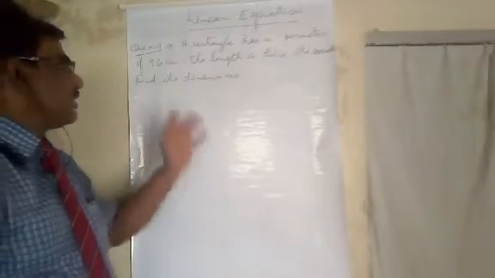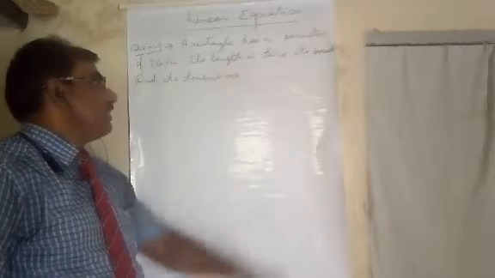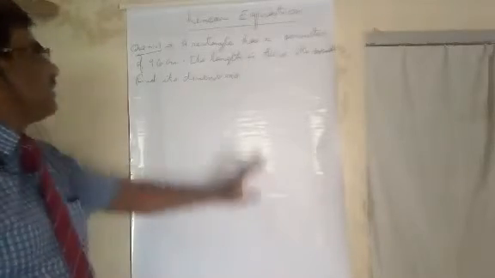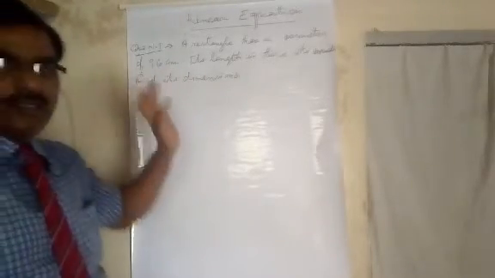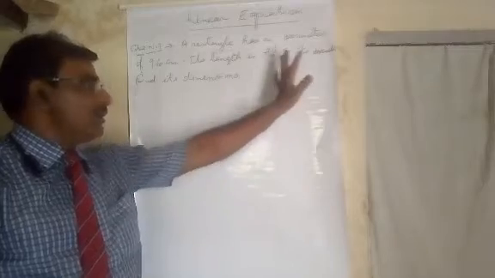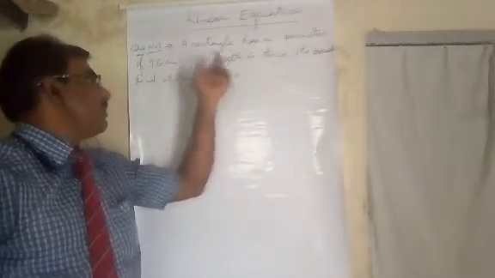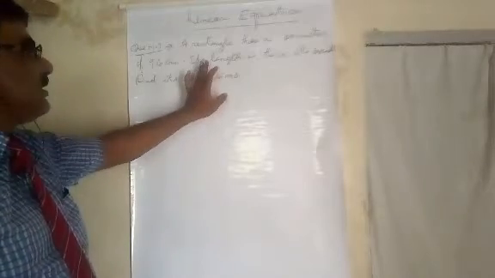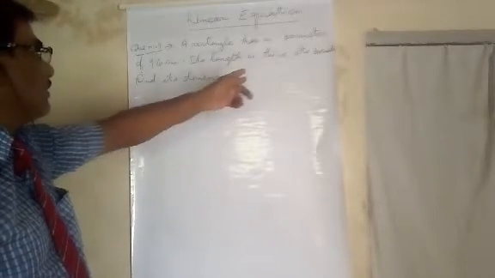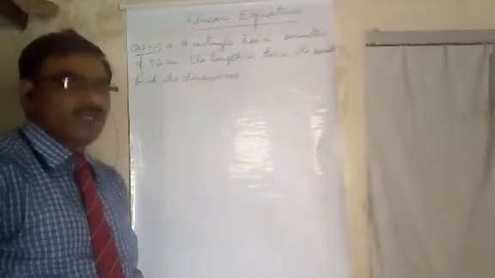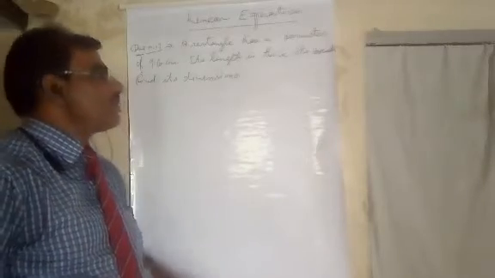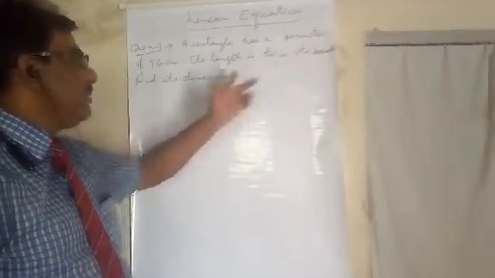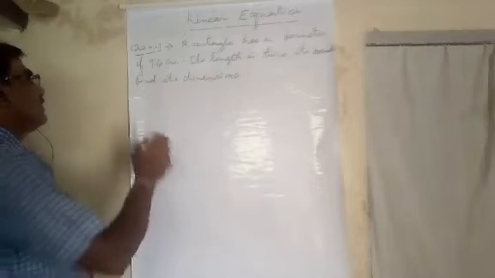In the given question, we are given that a rectangle has a perimeter of 96 centimeter, and its length is twice its breadth. So first of all, we suppose that breadth be x centimeter.